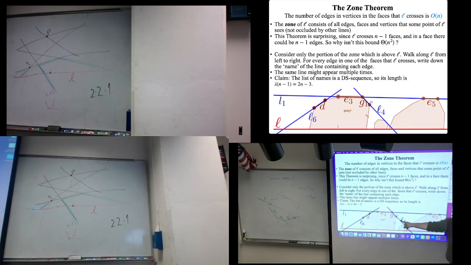I will not be able to generate another edge on L1 until I get rid of L4. So in my sequence, I'll write L1. For E3, I'll write L1. Then I'll write L4, which corresponds to this edge. But I will not be able to write L4 again until this line vanishes. In particular, this line will not go back to haunt me after I see the next edge of L4.